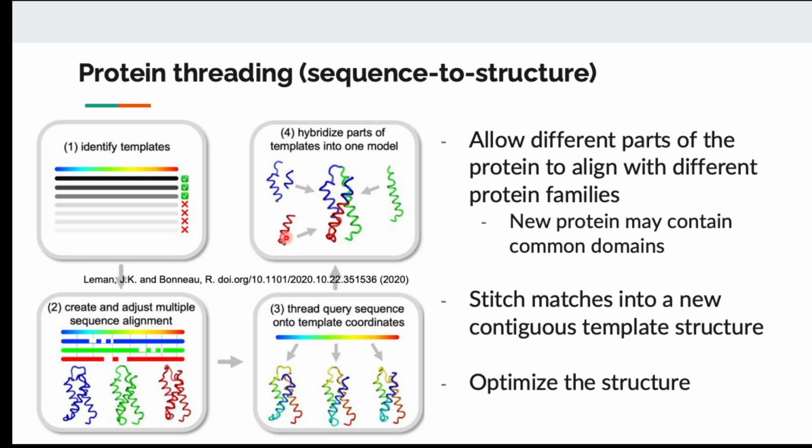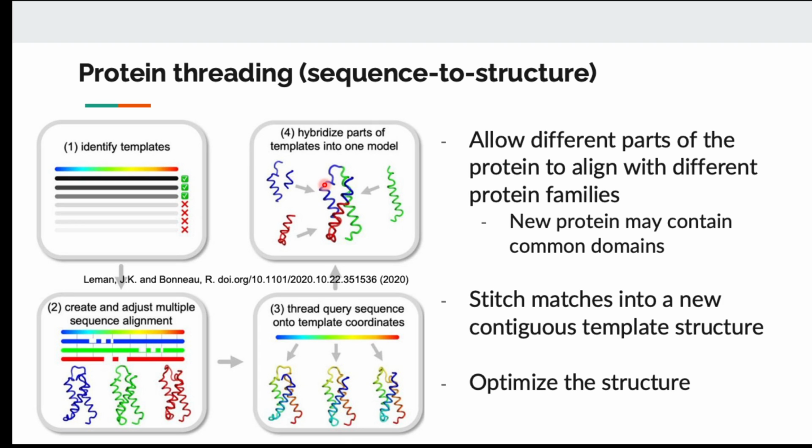The N-terminus might be similar to this alpha helix. The C-terminus might be similar to this alpha helix from a different protein. And the middle part might look like two alpha helices interacting together from a different protein.